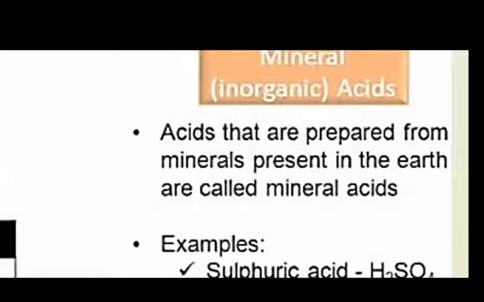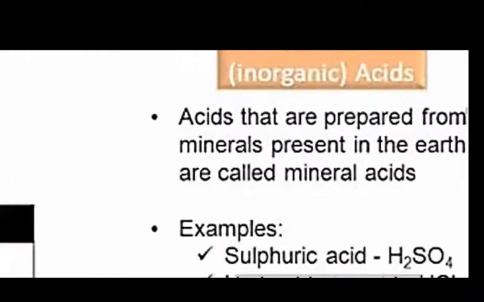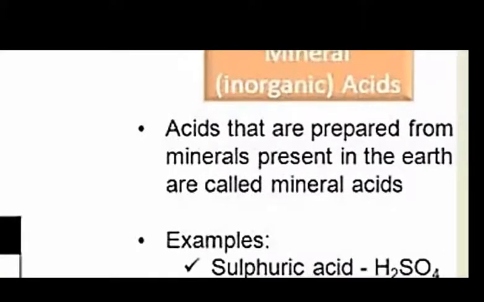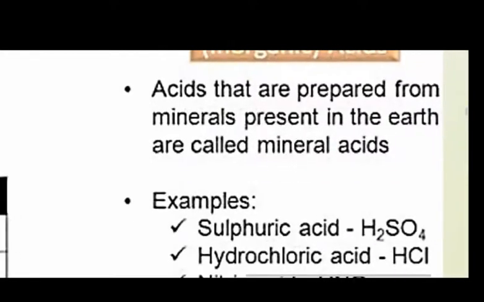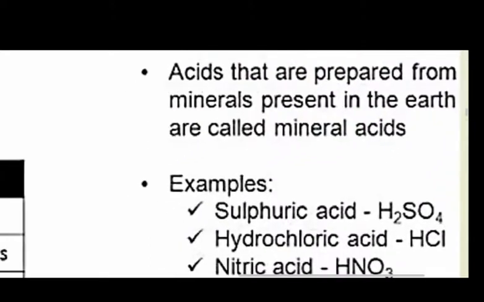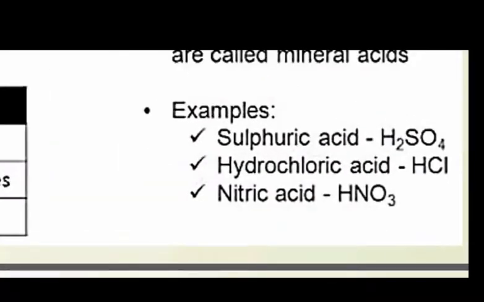Mineral acids or inorganic acids are those acids which we get from the earth, as these acids are derived from minerals, so we say mineral acids. Examples are sulfuric acid, H2SO4, hydrochloric acid, HCl, and nitric acid, HNO3.